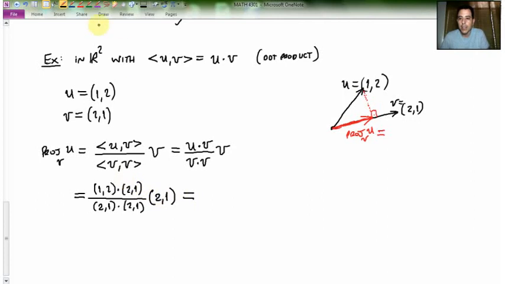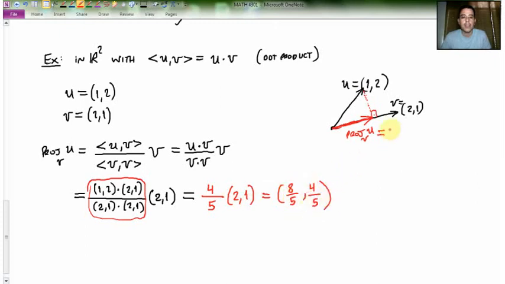Now this will give us a number, a scalar. Let's see what that is. Numerator: 1 times 2 is 2, plus 2 times 1 is 2, that's 4. And then denominator: 4 plus 1, that's 5. So this is 4/5 times v. So that's the projection.